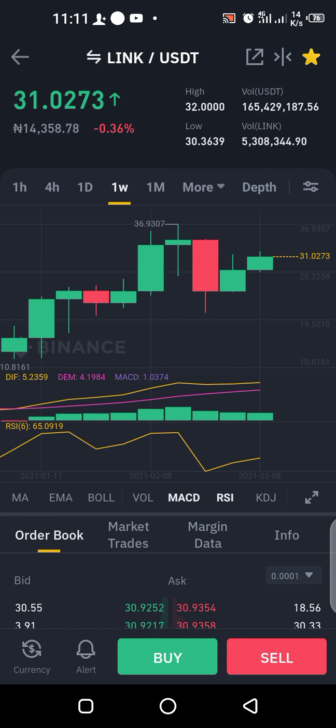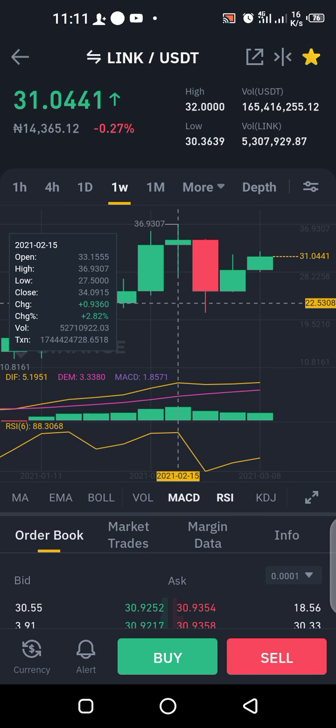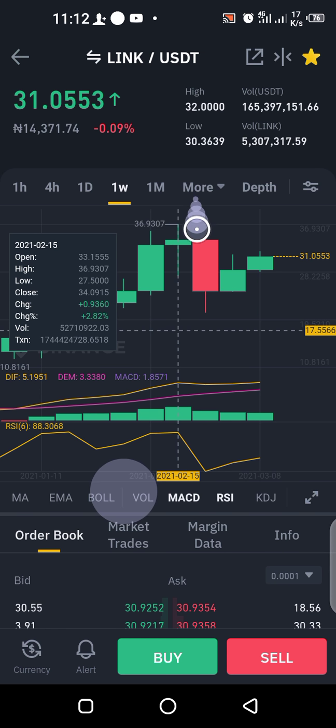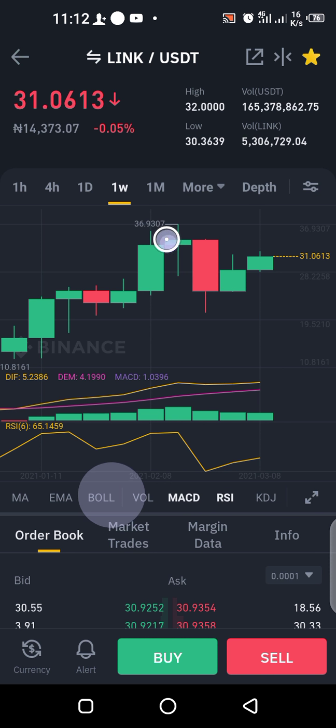So you are not expected to enter such a market until the next candle opens and closes. Now, if I were you and I see this candlestick pattern in a weekly chart of Chainlink, I'll just relax. I either leave my money there, or look for other coins to trade.